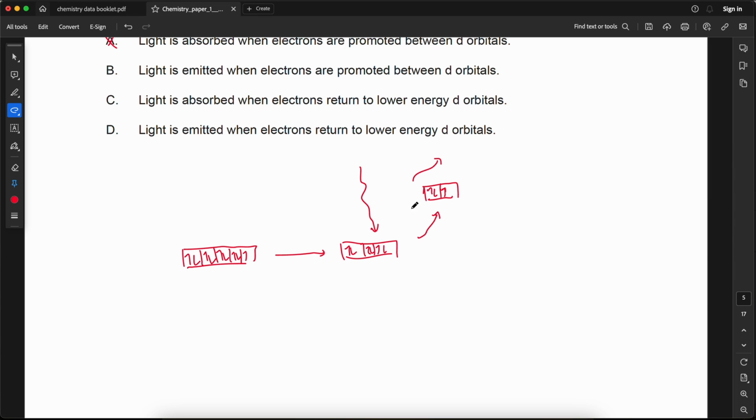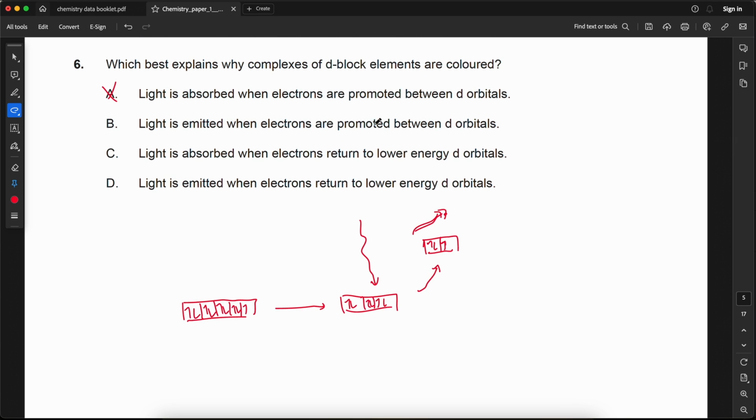So the light that is reflected back through the salt is missing this color that is absorbed. All right, so the light that is emitted doesn't contain the absorbed wavelength, and so appears a color other than white but complementary color. So it should be absorbed when electrons are promoted between d orbitals, not emitted.